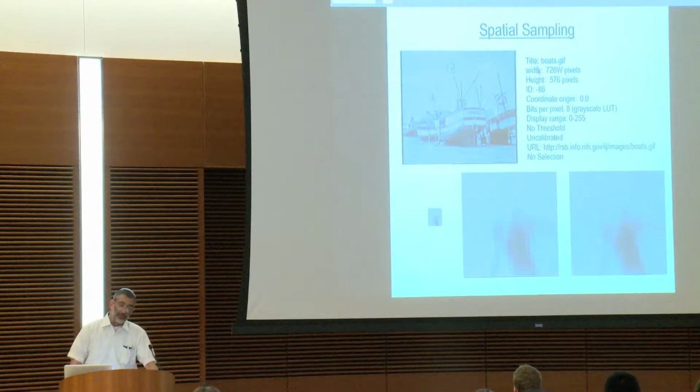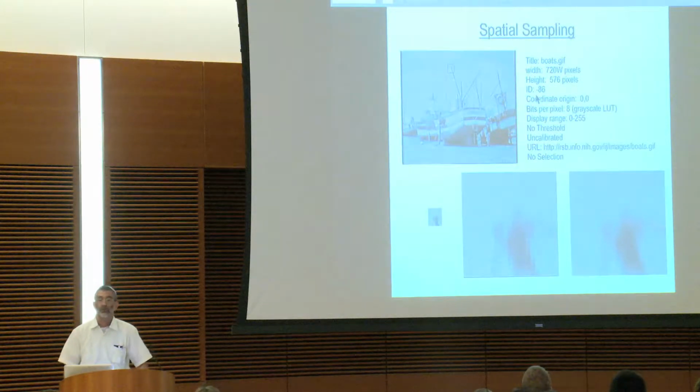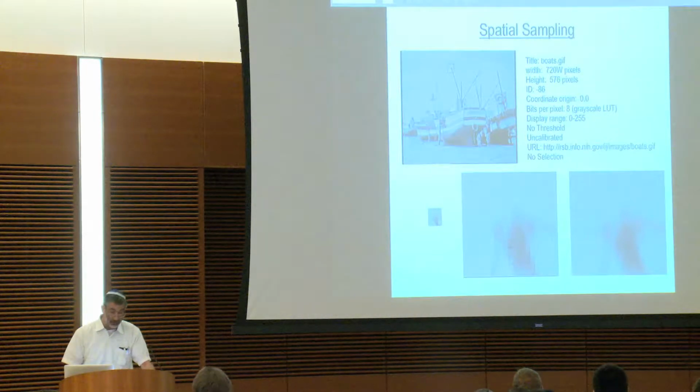So here we have a sample image off the ImageJ site, boats.gif. It's 720 pixels wide, 576 pixels high. It has a particular ID, which is just a number that the program has assigned to it so that you can use it as a handle to get at that image. And something about the coordinates: 0, 0 is at the upper left, and the display range is 0 to 255, and it's not thresholded, and here's the source of it, and so on.